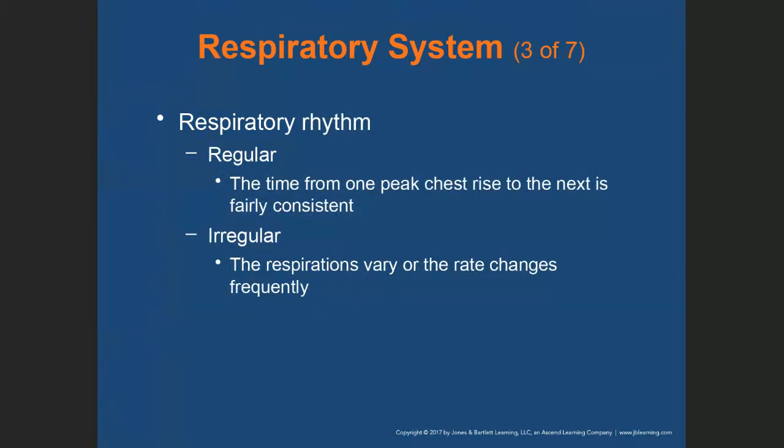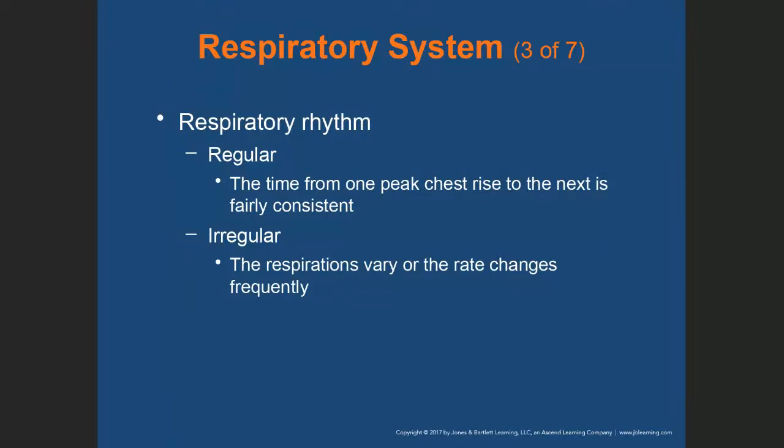So once we have obtained the rate, next we will look at the rhythm. That is the consistency. Is it regular or irregular? Regular, the time from one peak chest rise to the next is fairly consistent. Irregular, the respirations vary or the rate changes frequently.